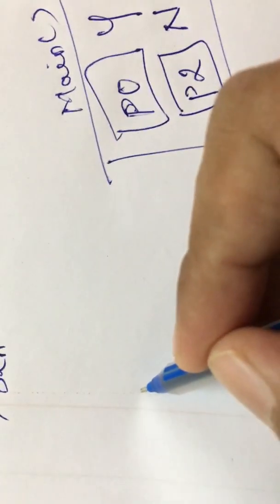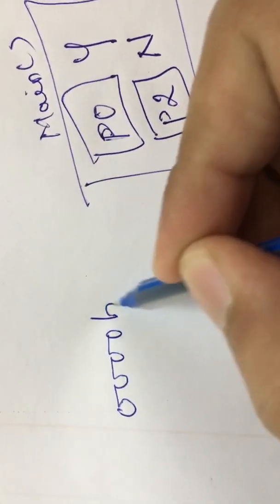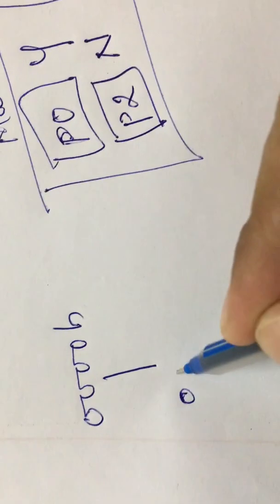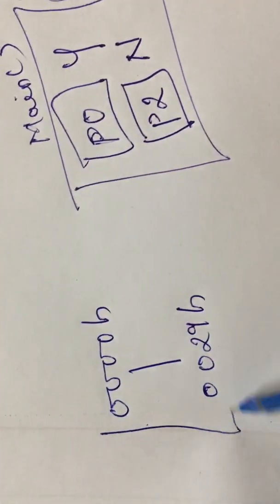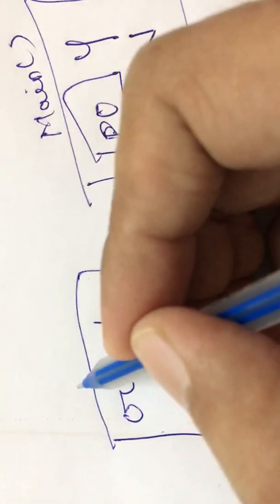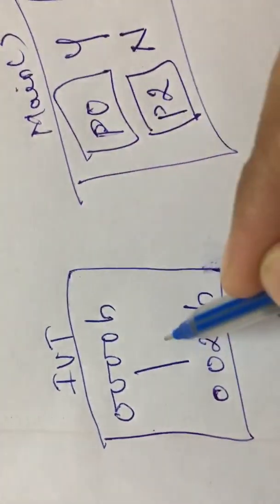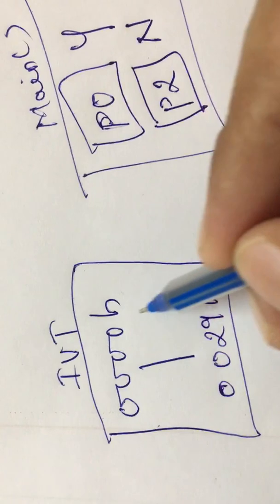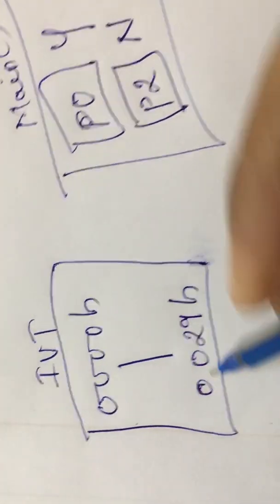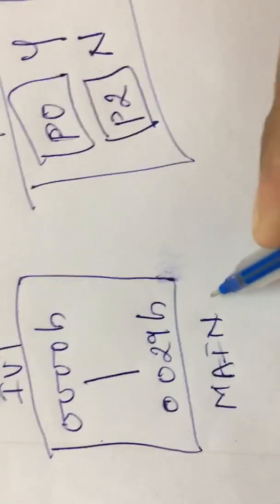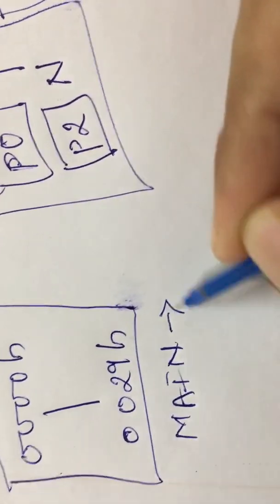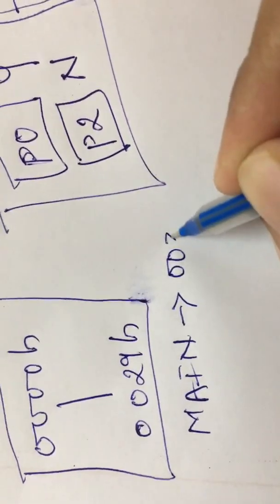Actually, the interrupt vector table starts at 0000H and ends at 0029H. You can refer to the IVT table. We are bypassing this whole area, and hence the main program is to be started from 0030H.